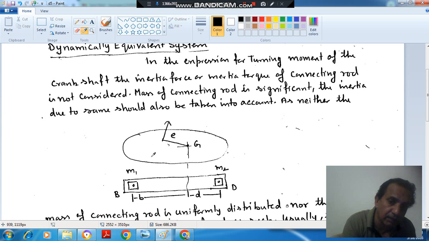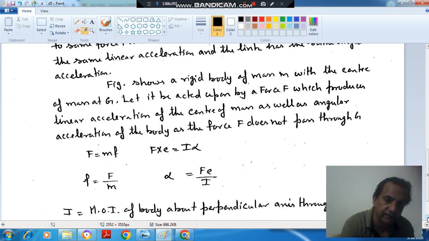So now we want a dynamically equivalent system to analyze this, so that this system can be replaced by two masses at the ends and will give the same linear acceleration as well as the same angular acceleration. These masses are m1 and m2. First of all, we take linear acceleration.